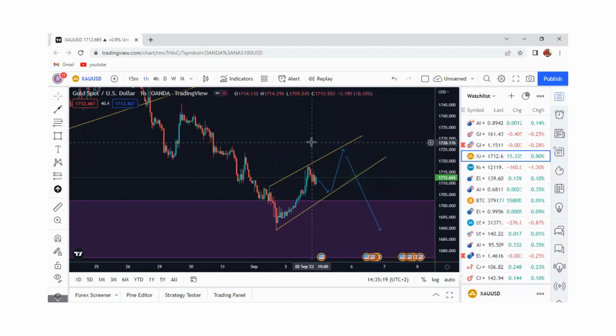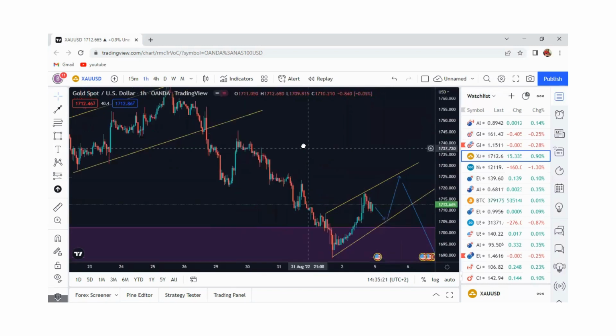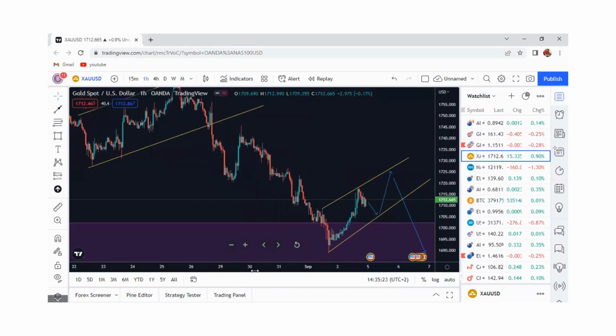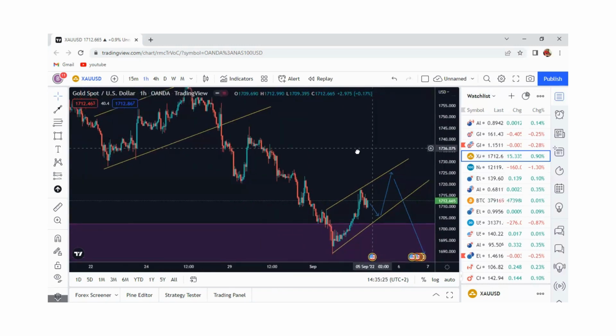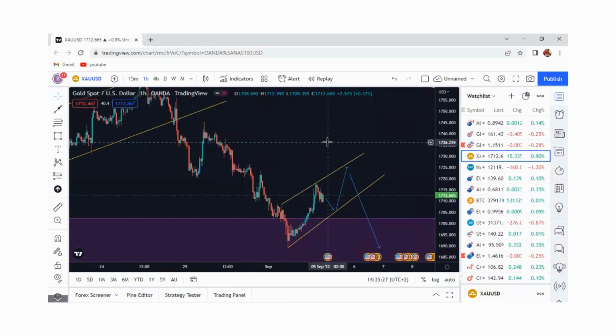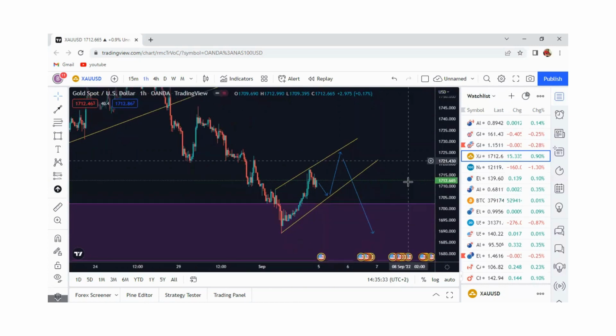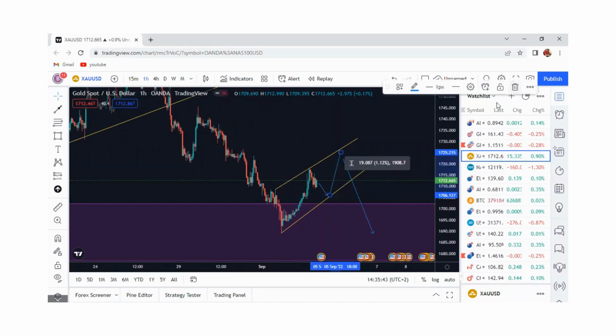So guys, in order for me to go in this trade again, I'll just have to wait and see how it moves, but I'll be happy if it moves in a reversal pattern manner. So if it moves like this, then definitely I'll know I'll go in. But I'm still looking for sell opportunity.